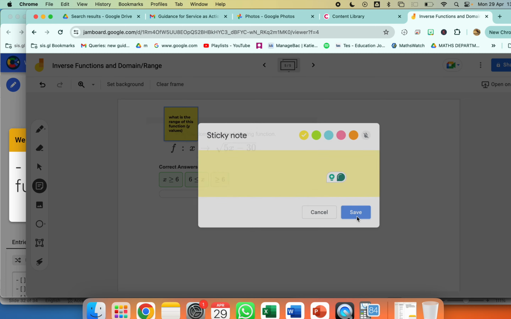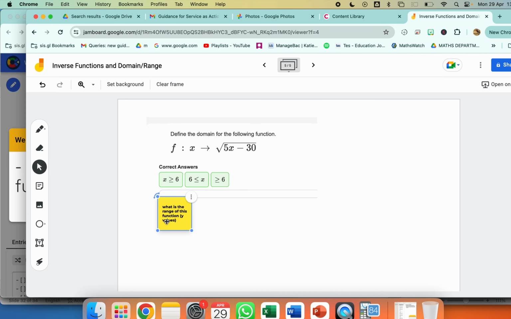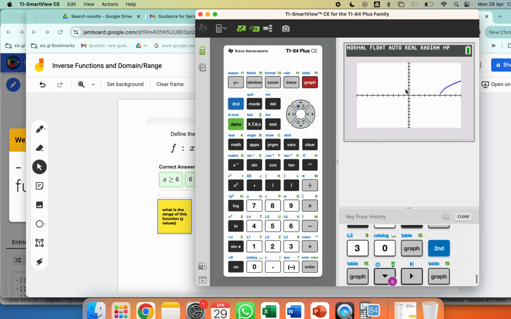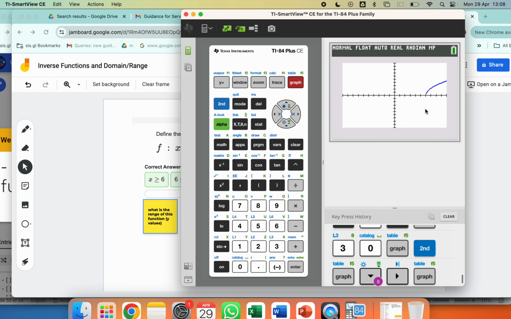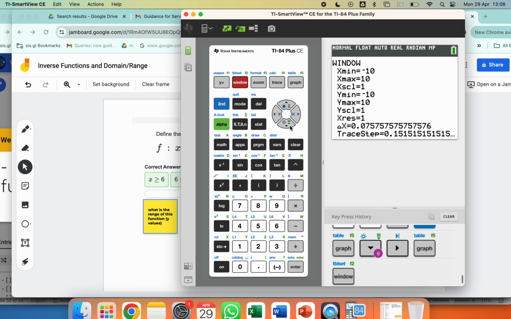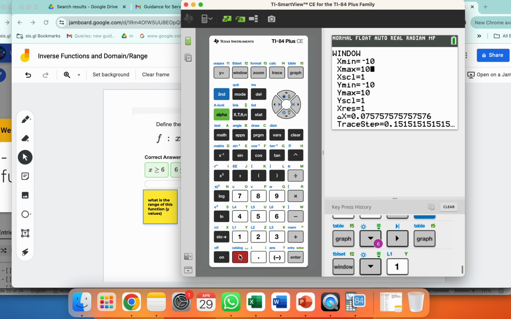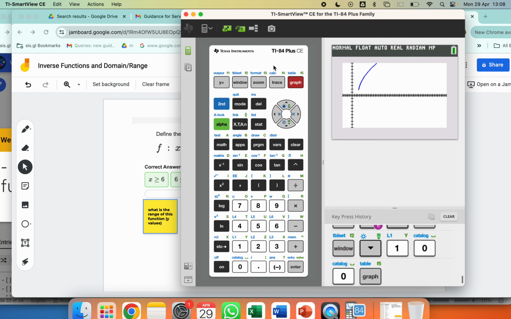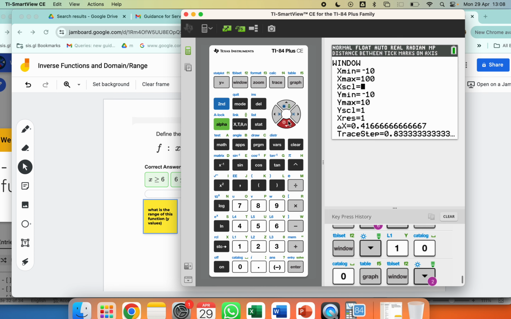So if we have a look at the graph, we are going to see, if we change the window of the graph, because we can't see much of the graph, we can see it's going up there, we need to see a lot more x, and that's the main thing really. So let's change the x, so it's 100, and let's see if we press graph what's happening. Again, we need to see a bit more y because it's going up here, so let's change the y to 40.